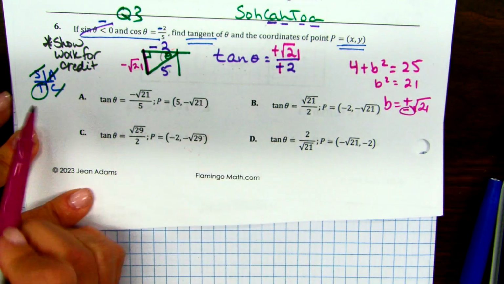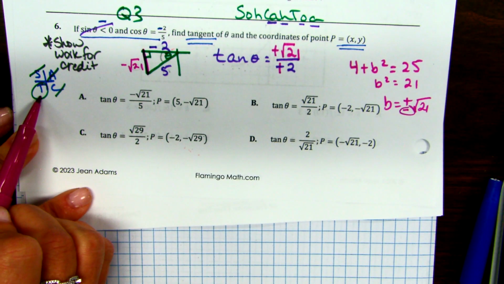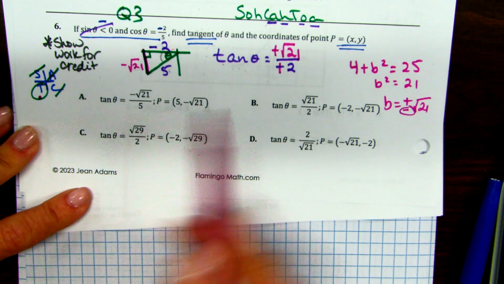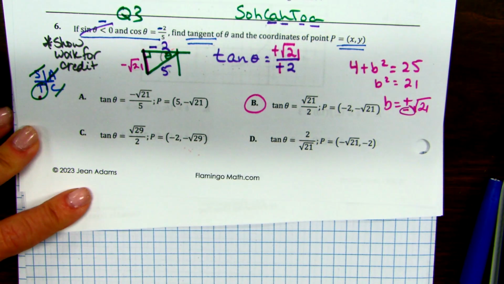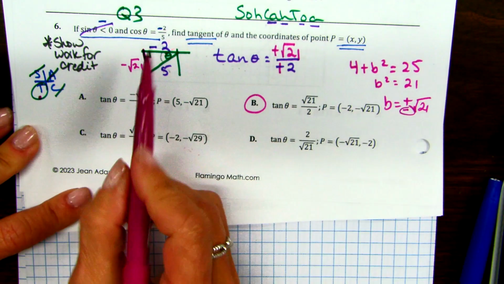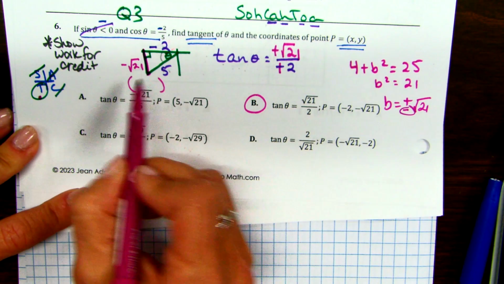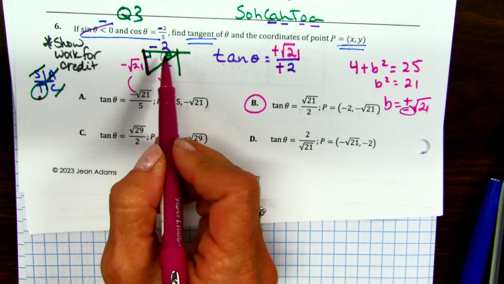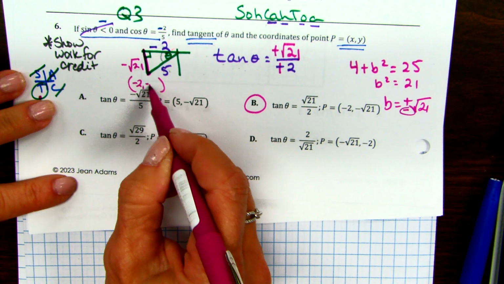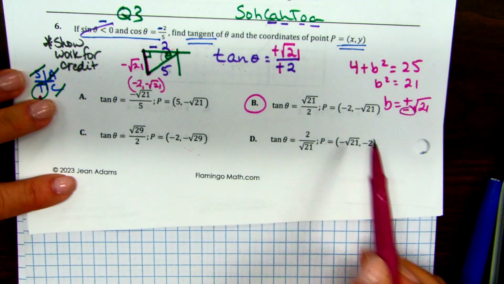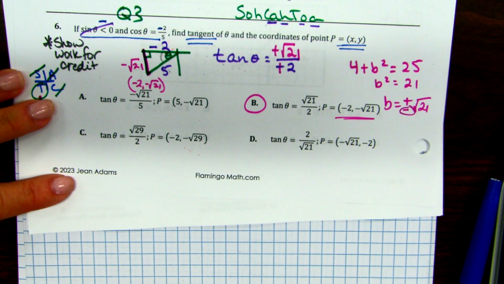That should make sense. Tan is positive in quadrant 3, right? So that's this answer. And all that they're saying with the point is, what is this point right here? How did we get to that point to make this triangle? Well, it's a point on the coordinate plane. We went left 2, down square root of 21. That's what that is.